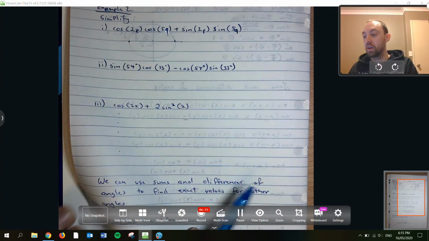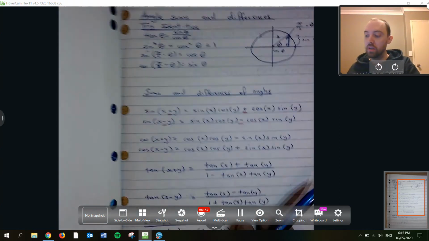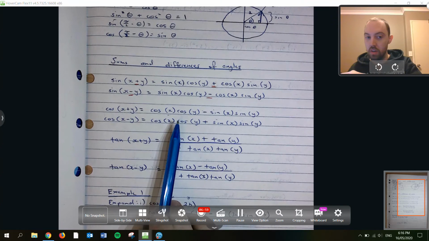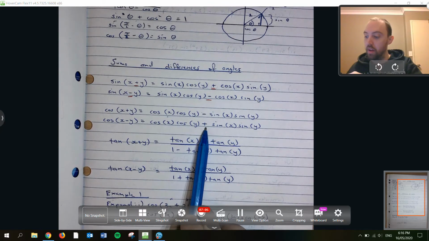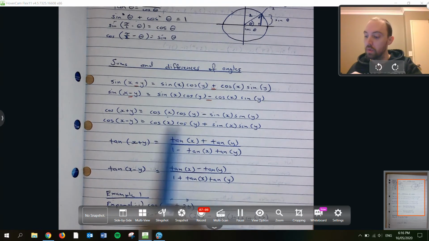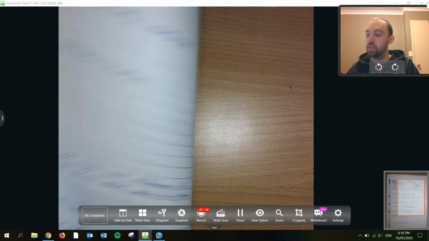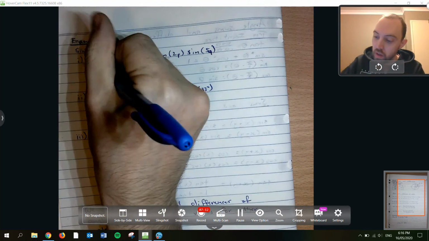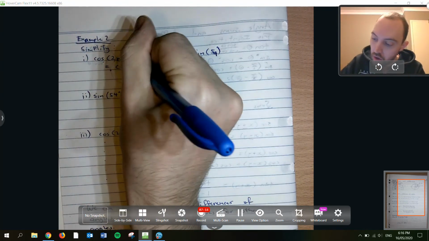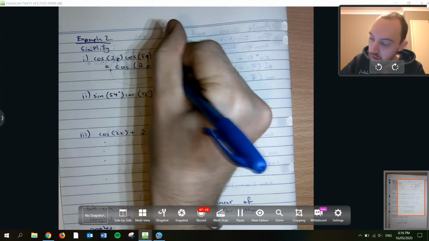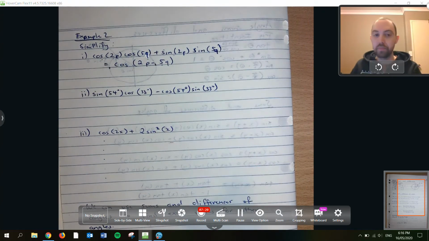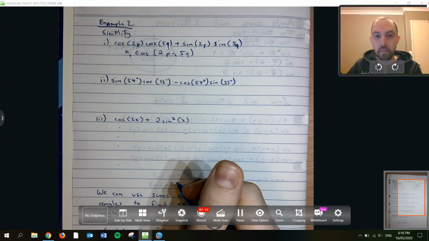Which formula does that mean we're using? The functions aren't changing, so we're looking at cos. But there's a plus in the middle of these two, so we're going to have to do the difference of these two things. So it's going to look like cos of 2p take 5q. Just like that.